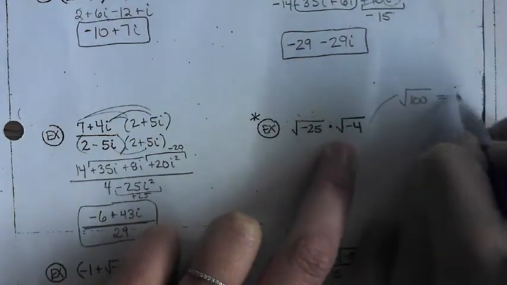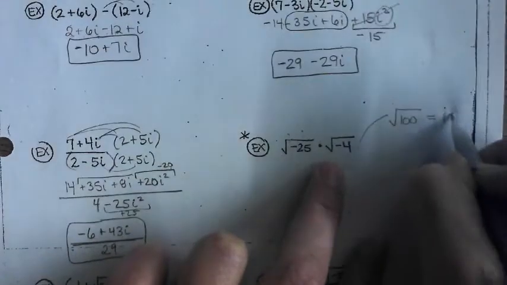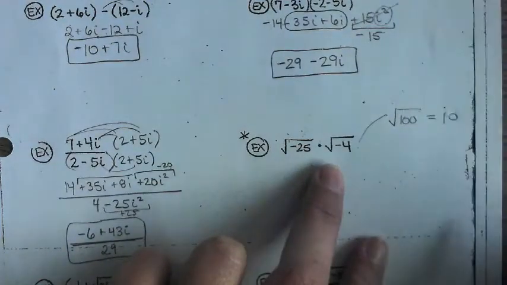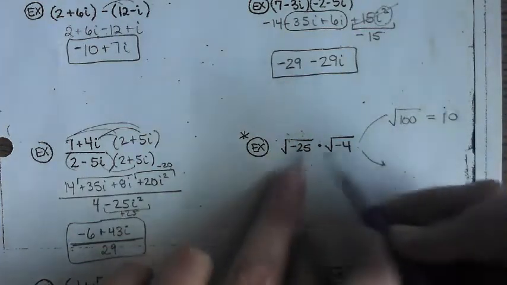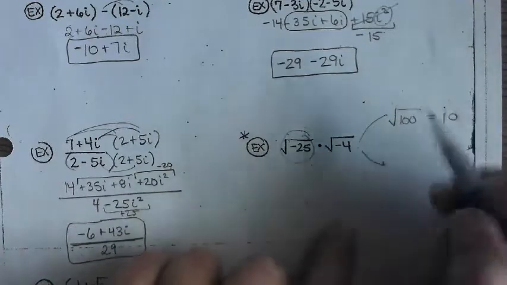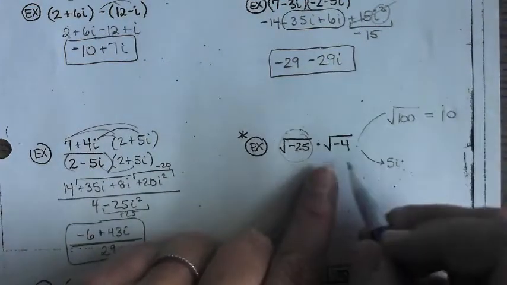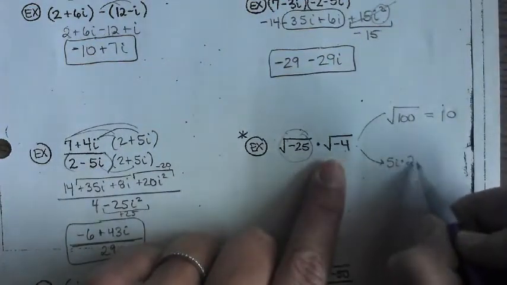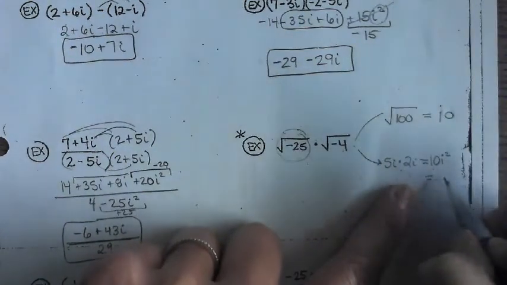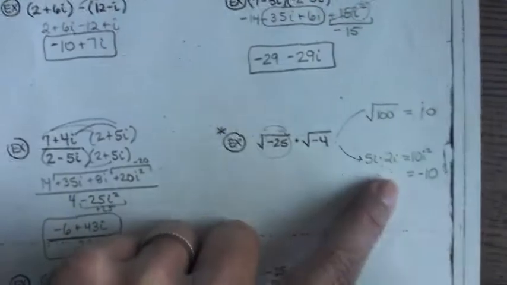And the square root of 100 is 10. So if you multiply first and then simplify, you get 10. If you simplify first, you get 5i times 2i, and you get 10i squared, which is negative 10.